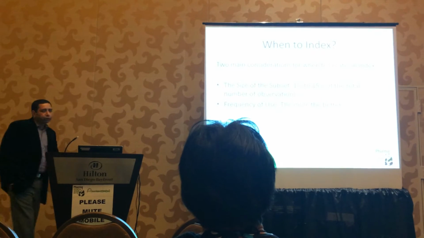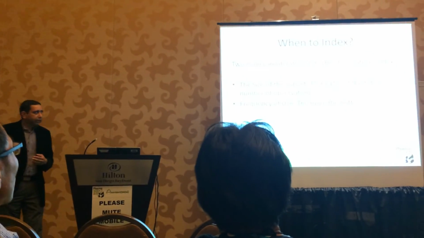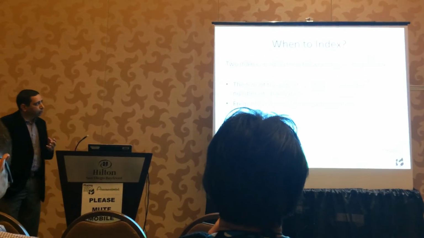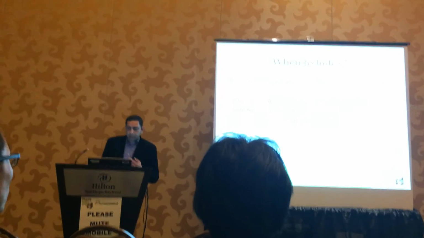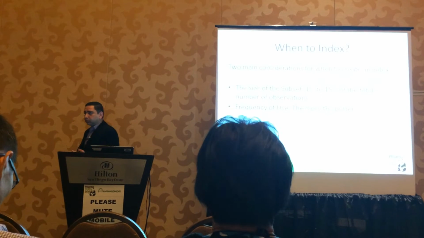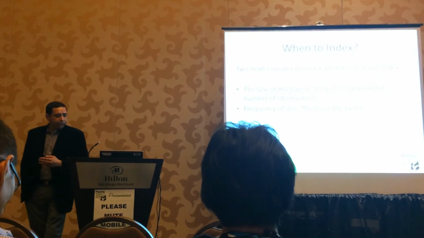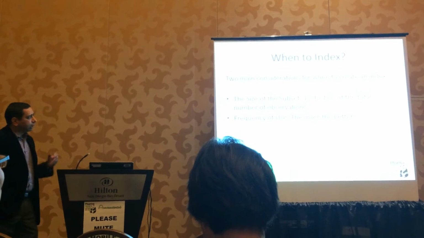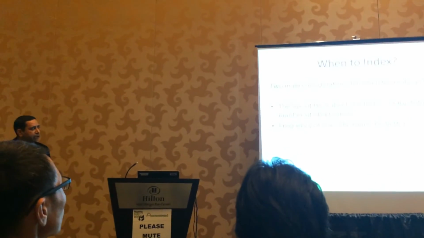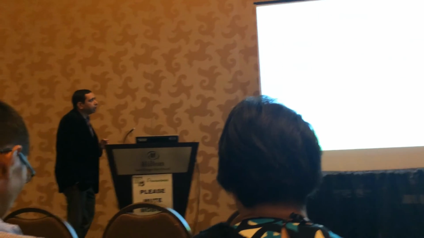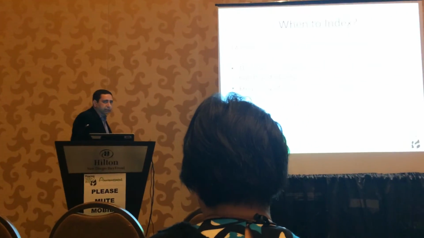So when do we index? How do we improve efficiency? The question is first, what considerations do we take while creating an index? We always have two considerations. The first would be to always try to subset 1 to 15% of the total number of observations, so that the index works efficiently for you.